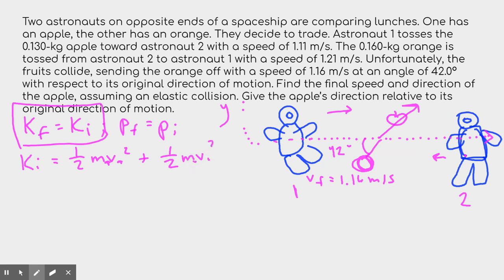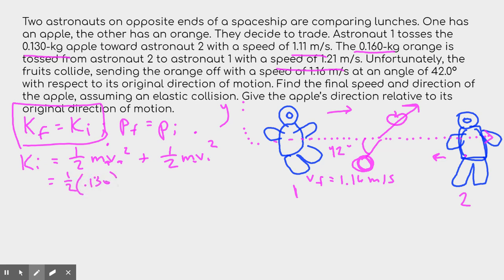Ooh, that's really hard to read. Okay, so this is for the orange, this is for the apple. I hope y'all are able to see that. Okay, let's plug in the information that we know initially, and we know all the information initially. So we see the speeds and the masses of everything initially, which is great. That's going to make this really easy to solve. So let's plug everything in.